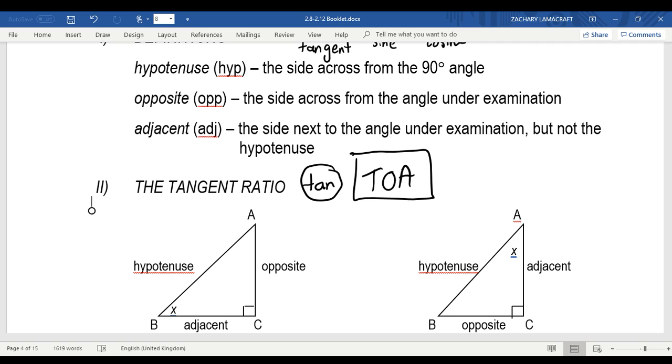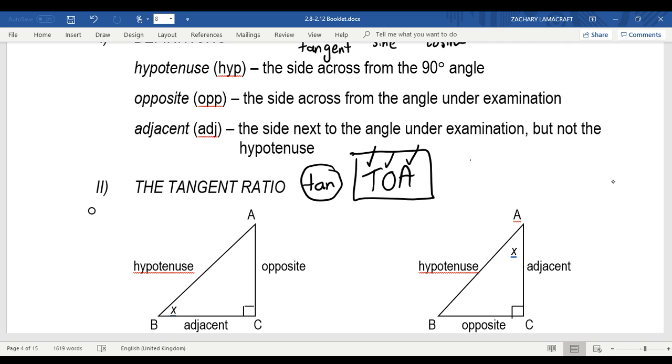So the opposite side and what else? The adjacent, right? Because we can see it, O and A. You actually narrowed it down, which is perfect. So we have T standing for tan, O standing for opposite, and A standing for adjacent.